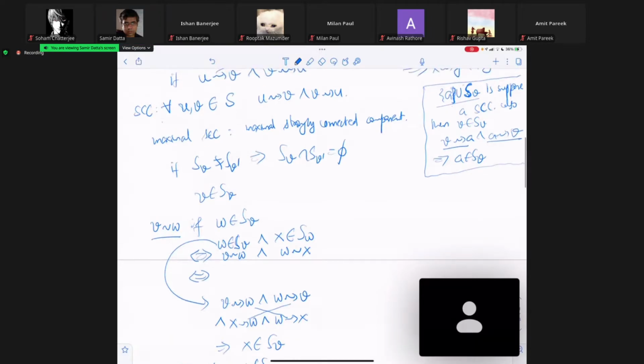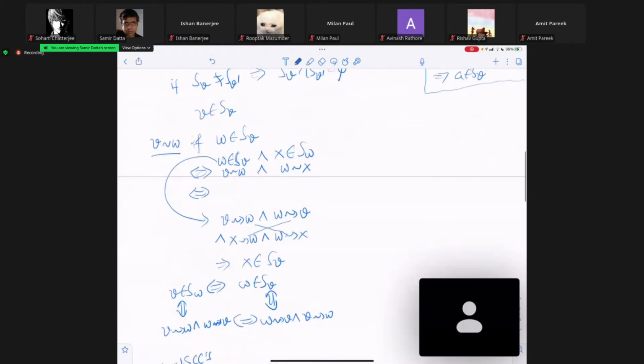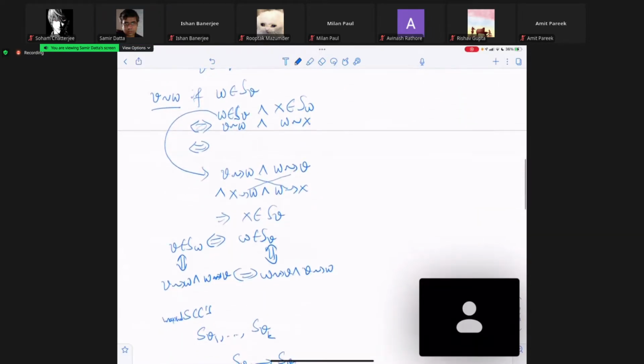They form these equivalence classes and they will be disjoint from each other, as is true for any equivalence classes, correct?